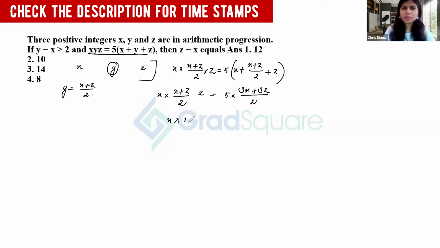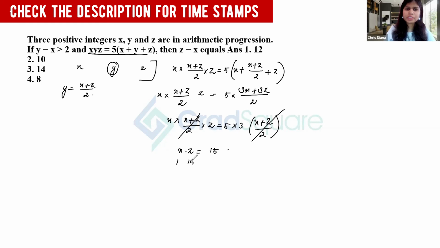So x into x plus z divided by 2 into z is equal to 5 into 3 into x plus z divided by 2. Now both the sides x plus z divided by 2 get cancelled out. I land up with x into z is equal to 15. Since they are all positive integers, they can be 1, 15, or 3, 5, or 5, 3, or then again 15 and 1.